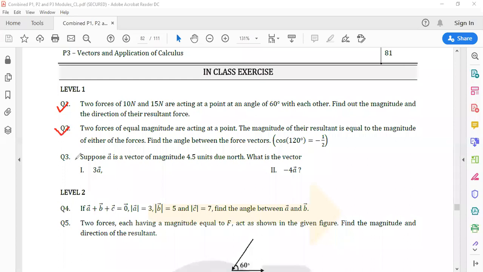Solve question number 1 and question number 2. Try solving this.